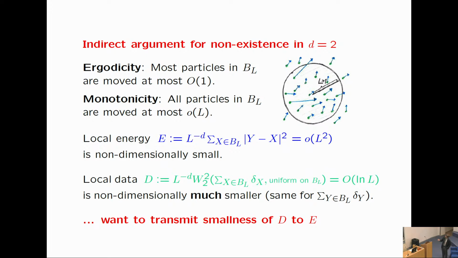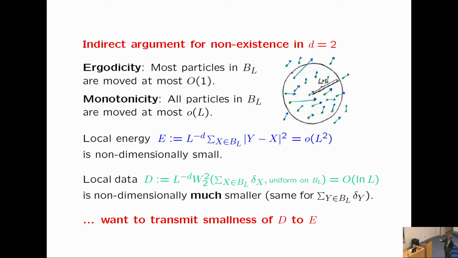Then we use monotonicity, which tells us that the fact that most particles are not transported by order L means that the remaining particles cannot be transported a huge distance. So all the remaining particles in this ball of radius L can only be moved by little o of L. And in the end, the contradiction will rely on the difference between a big O and a little o.